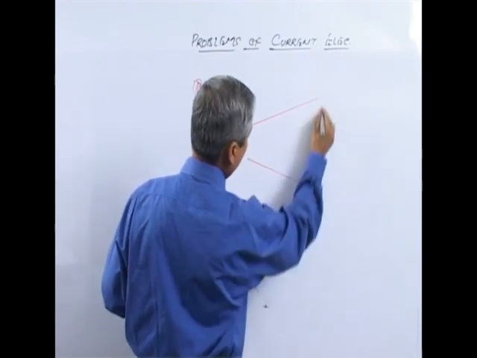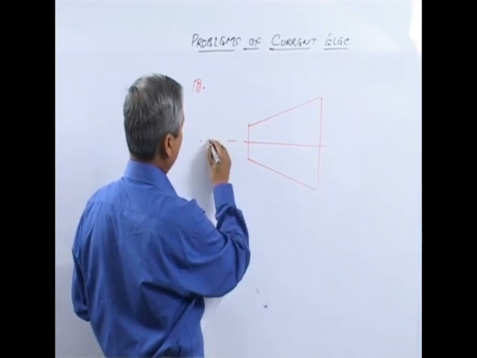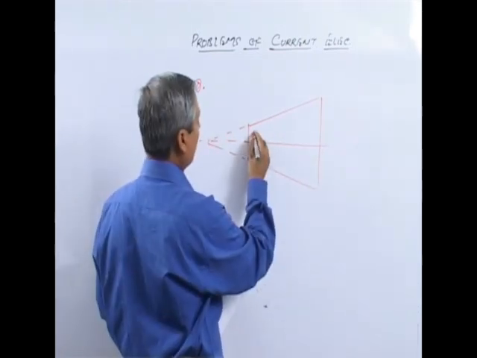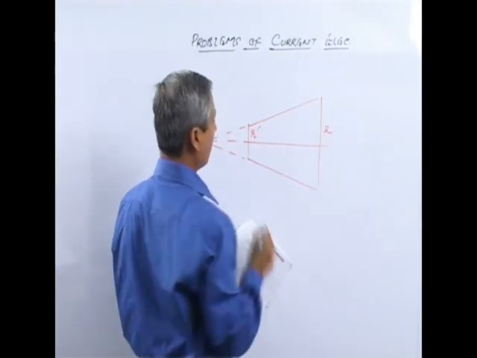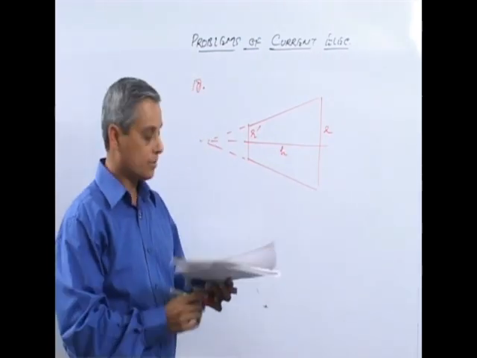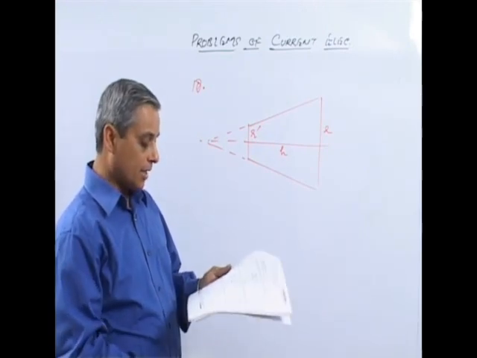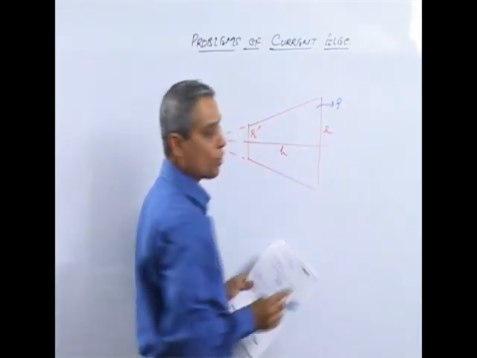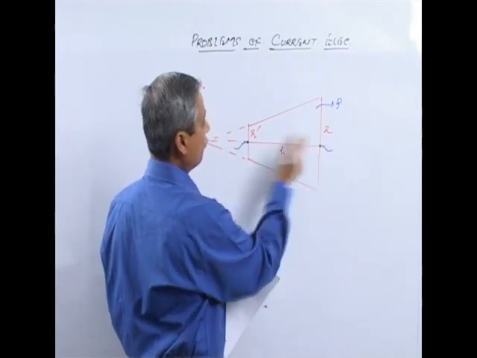We have a conductor in the form of a truncated cone with a radius of R at one end and the radius of the other end as R dash, and the height of the cone is H. We have made it like this. The resistivity of the material is rho, and they want to find out the resistance of this conductor between the two faces.